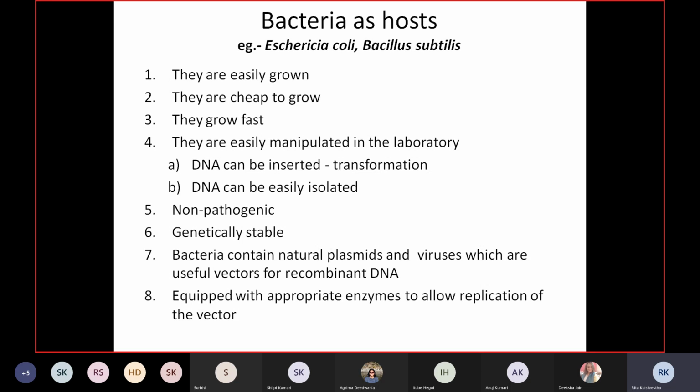So in that context, bacteria is a very good host strain, and generally whatever you clone within bacteria is found to be extremely stable once it is incorporated. So this is also a very important point.